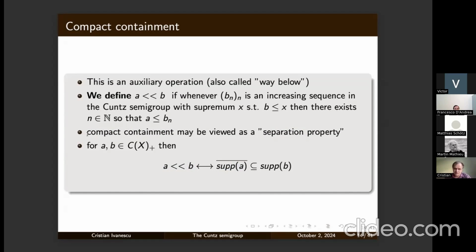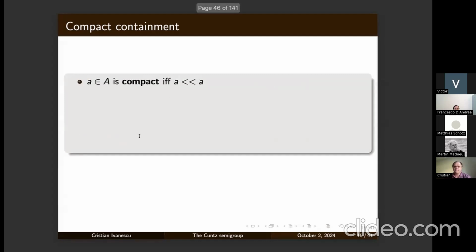Now, maybe what is still a question is why call it compact? Why not just say a special containment? To see that, first of all, we say that an element is compact if and only if A is compactly containing itself.